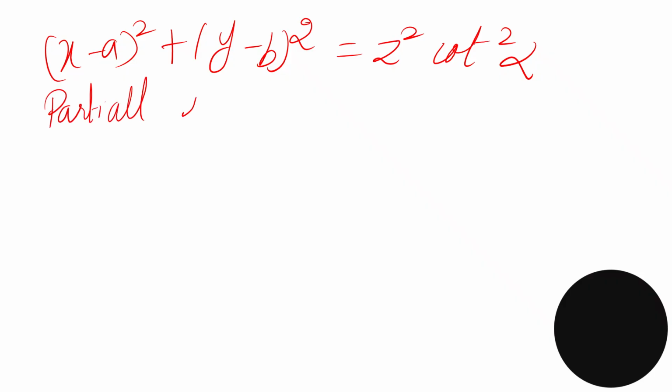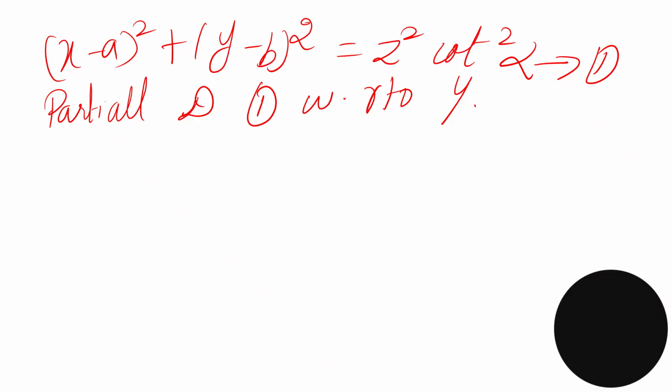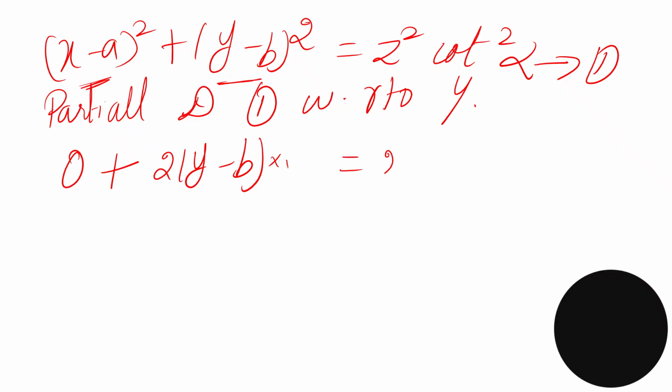Partially differentiate equation 1 with respect to y. The first term does not have any y, so 0, plus the second term has y, so 2 into (y minus b) power 2 minus 1, into the bracket differentiation 1, equal to z square differentiated, 2z partially with respect to y, so dou z by dou y, and cot square alpha is constant.